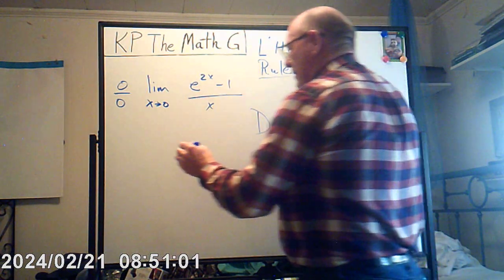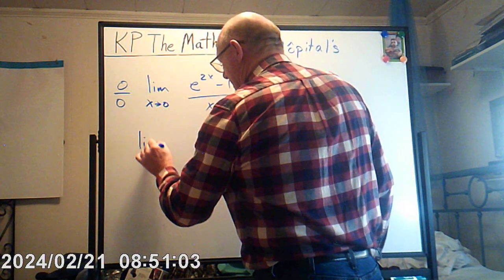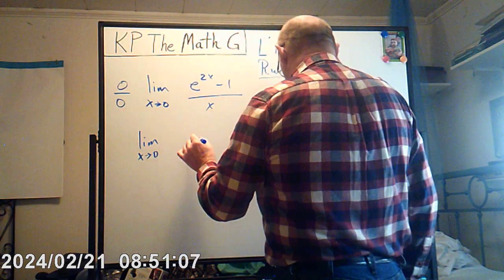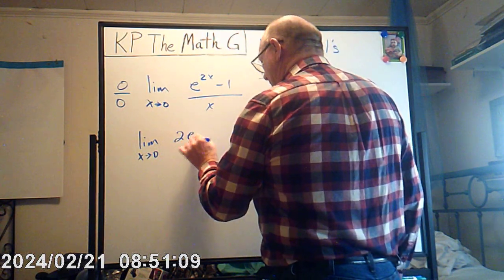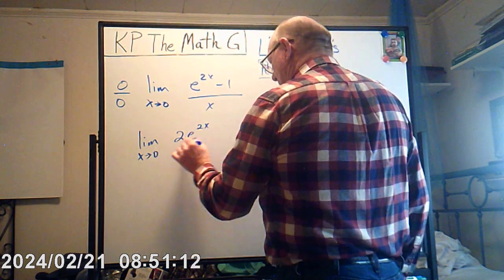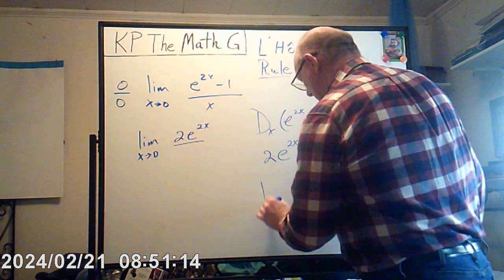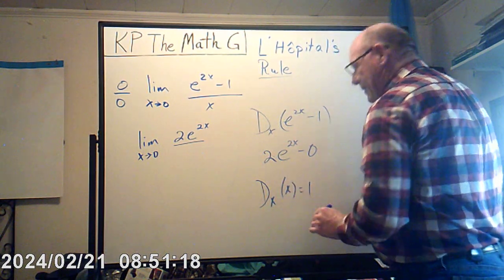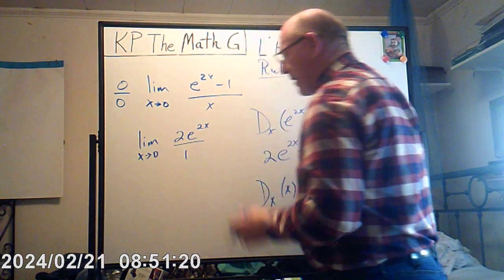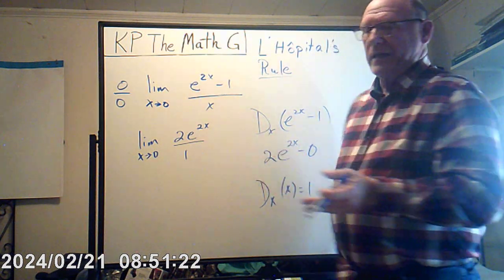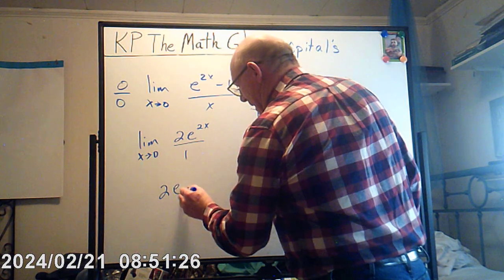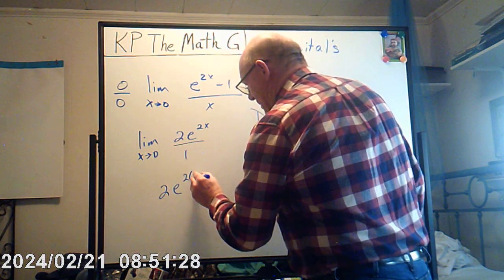So this limit as x approaches 0 is 2e to the 2x, and then the derivative of x is simply 1, right? So over 1. So now we plug this in, we get a definite limit. So now 2e to the 2 times 0.